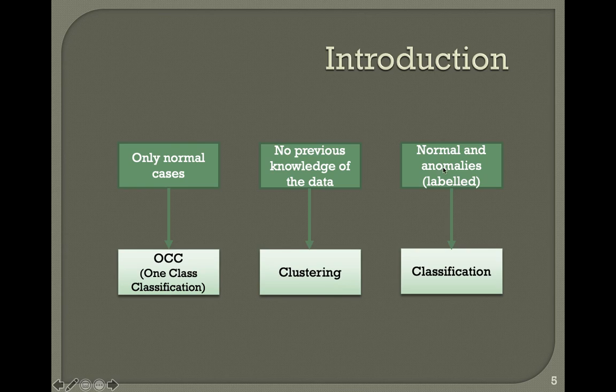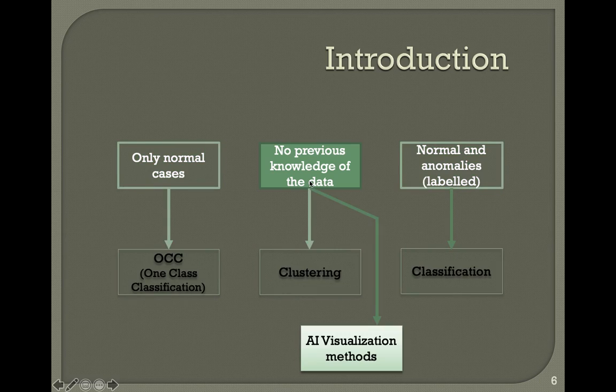And finally, when you have knowledge of these samples and they are classified or labeled as normal and anomalies or attacks, we apply the classical supervised learning for classification. So in case of no previous knowledge, we'll apply in this paper artificial intelligence visualization methods.